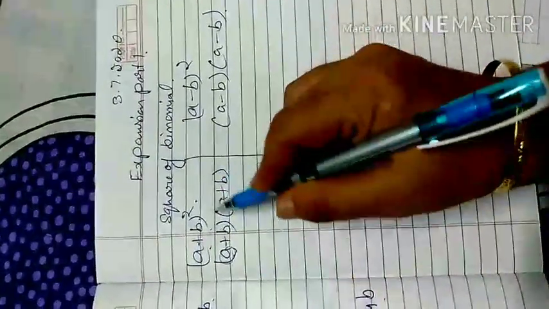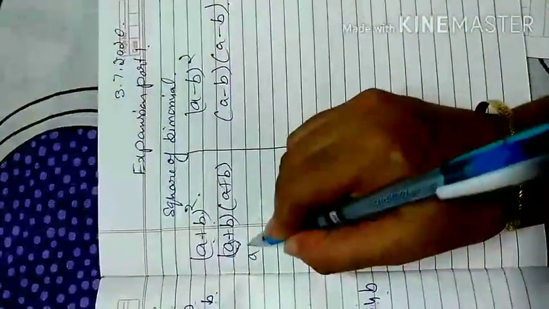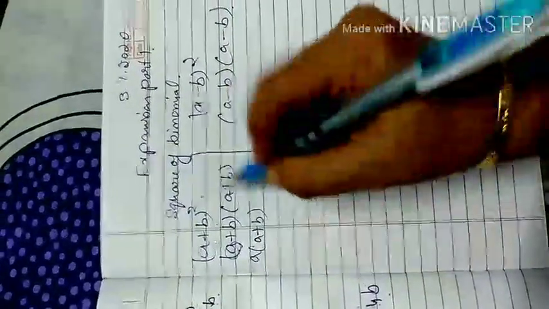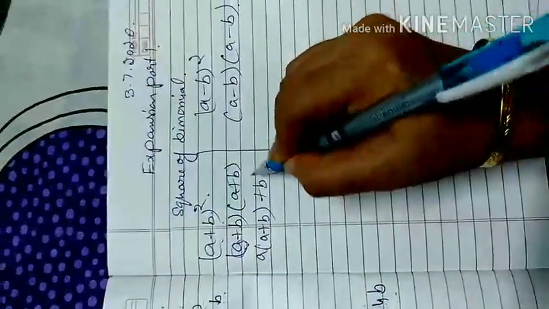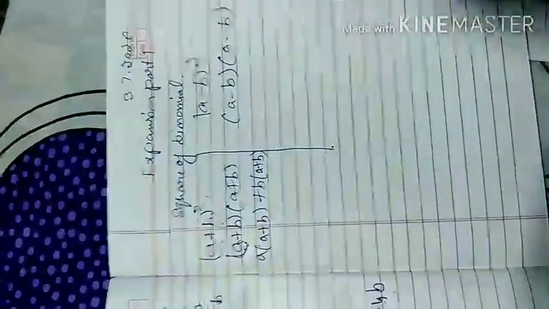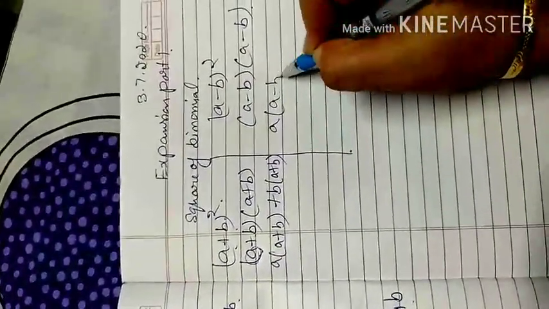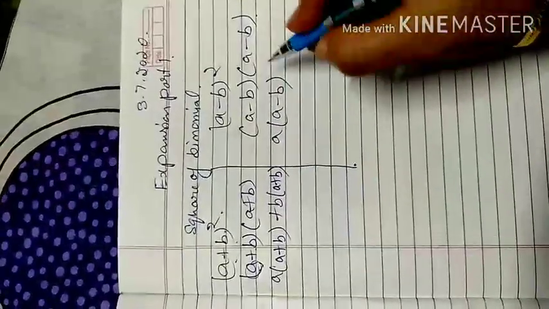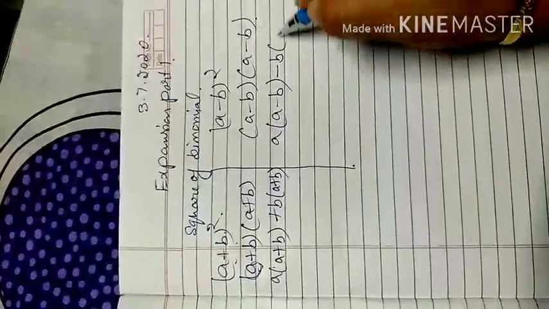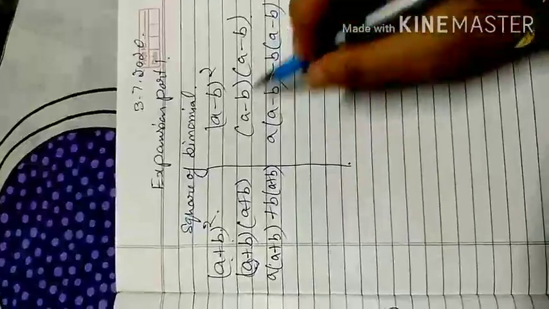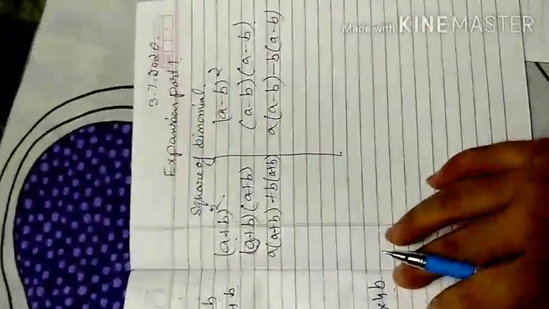This a is multiplied with the whole bracket, that is (a + b), and the second term is multiplied with the same bracket. That is the distributive property. Similarly, here a will be multiplied by (a - b), and minus b will be multiplied by (a - b), because you have to accompany the sign.